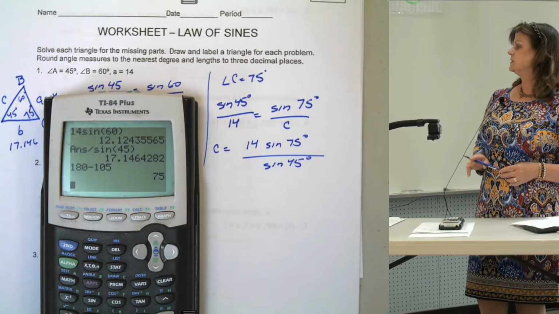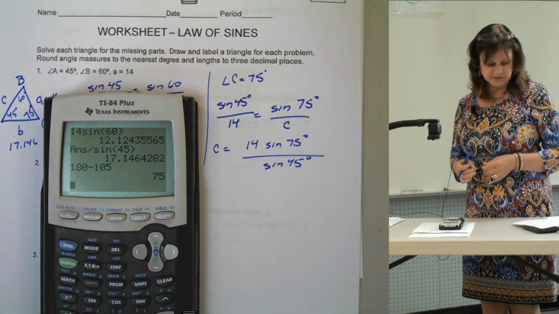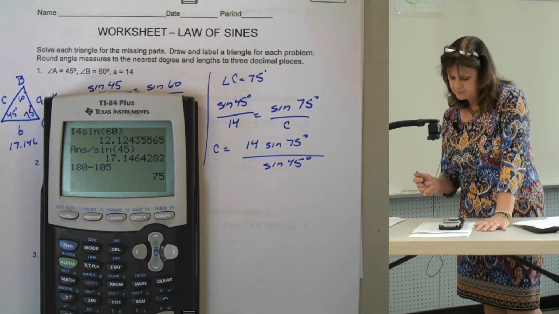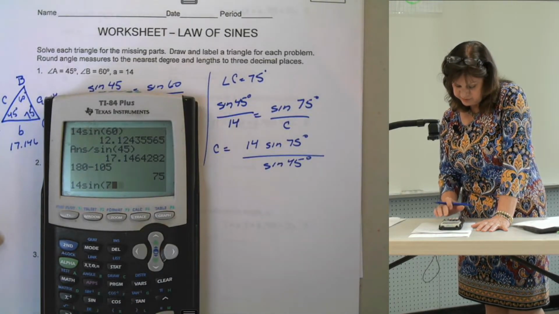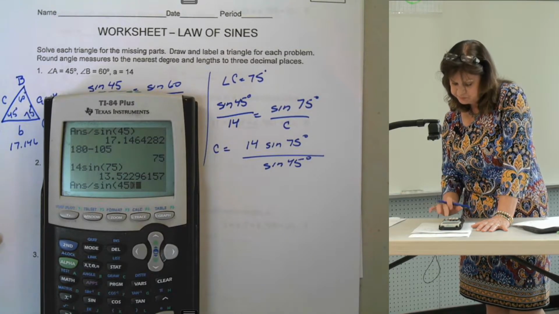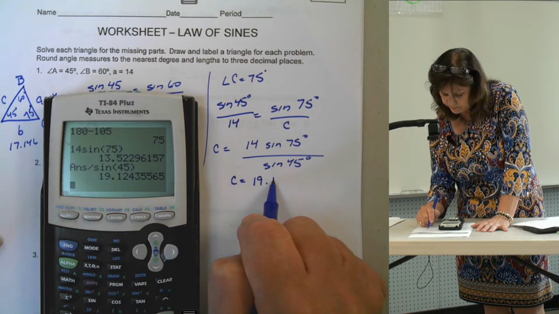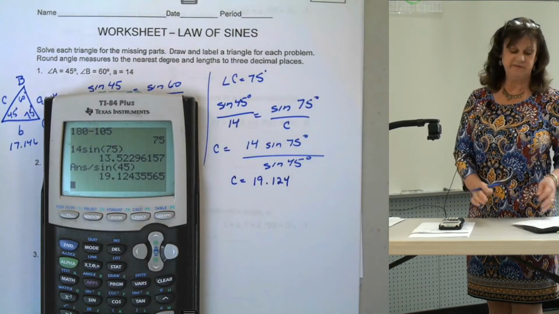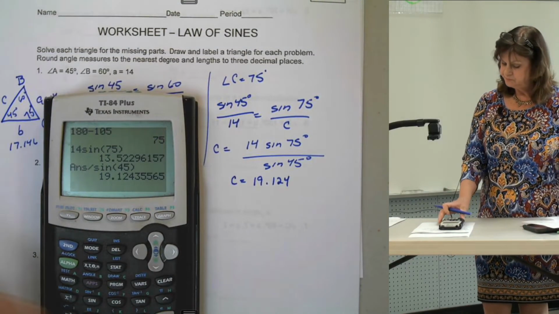And we would expect that C is going to be the longest leg of the triangle because it has the largest angle measure. So if you don't get a value that's larger, you've probably done something wrong, but at least you can check. And we get a value of C of 19.124.